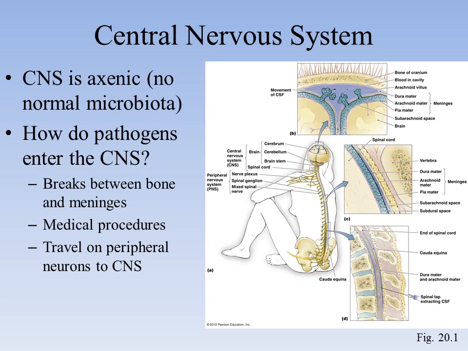So if somehow the peripheral neurons around the spinal cord get infected, then pathogens could possibly transfer along those to get into the spinal cord and then travel up to the brain or through the central nervous system that way. So the only way that the central nervous system gets infected is through something penetrating the blood-brain barrier. So something's going to penetrate the blood-brain barrier, that's going to cause an infection in the central nervous system.